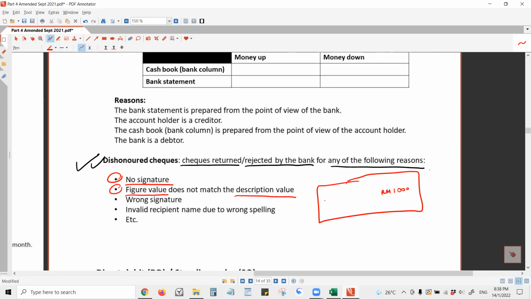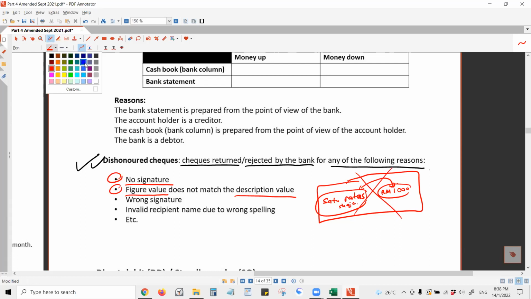So let's say you write 'satu ratus sahaja'. Do both of them match? No, right? This is 1000, this is 100. How would the bank know which amount you mean? Therefore, this kind of check would not work. The bank would reject your check because the bank is not sure what figure you meant to be on this check. So that's the second one.